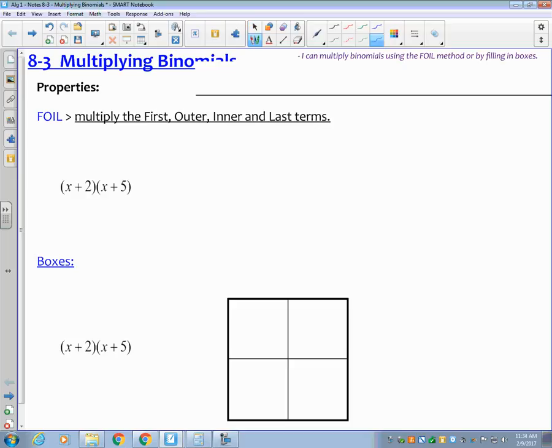So if you look, this x here is the first term in my binomial. This 2 is an inner term. The x is my inner term. 5 is the last term.